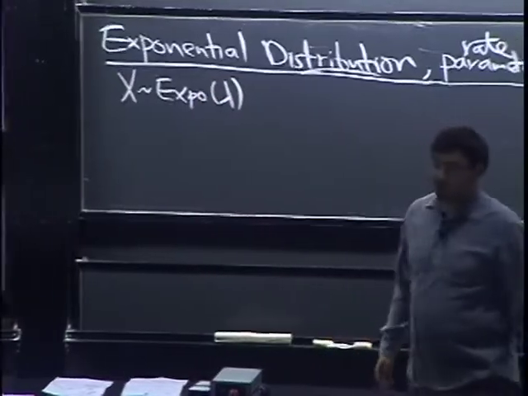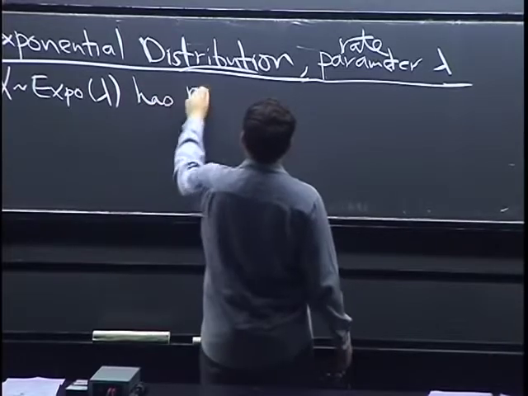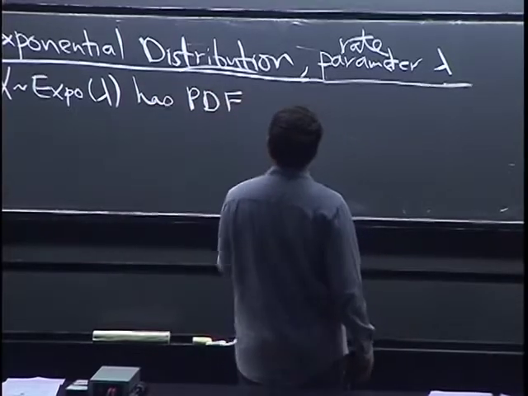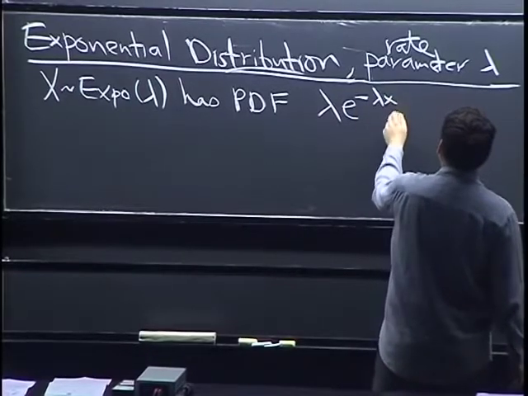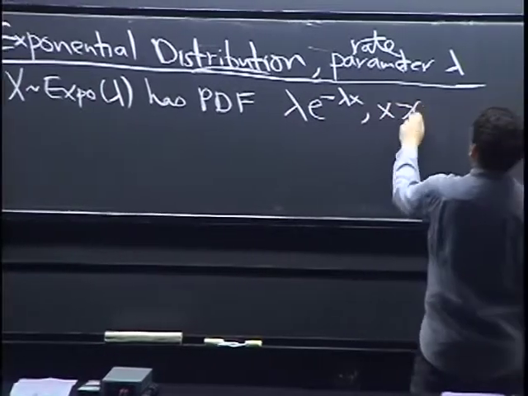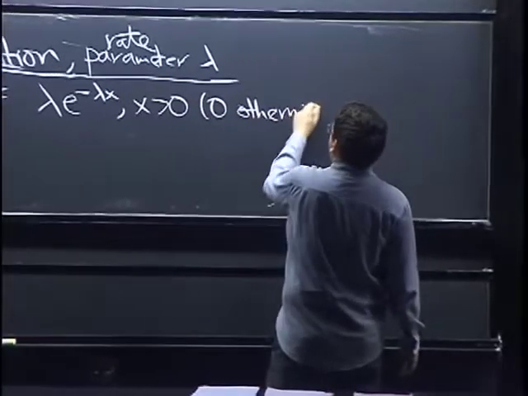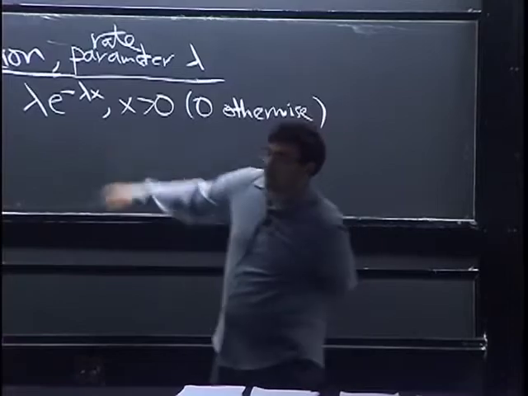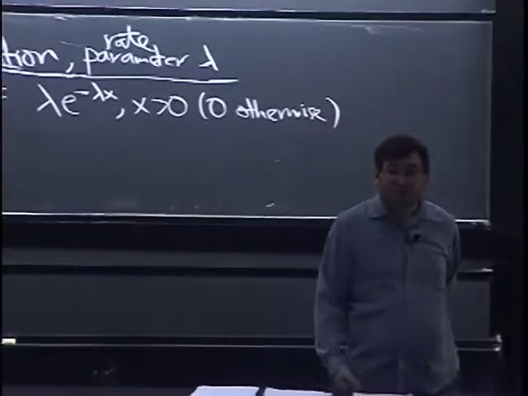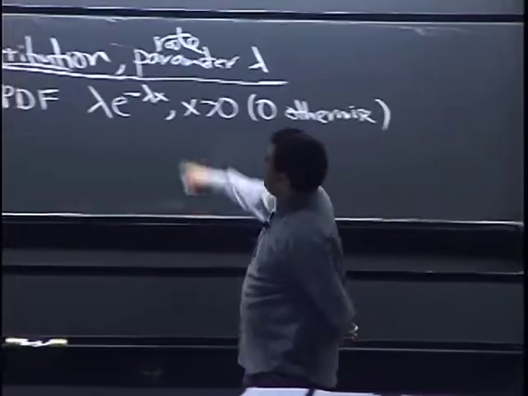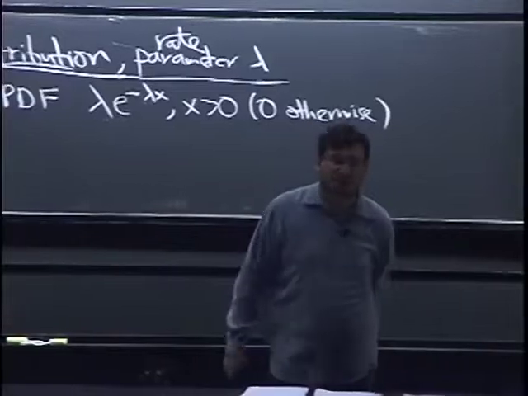That's our notation, and it has a PDF that's given by lambda e to the minus lambda x for x positive and 0 otherwise. So it's always positive. It's a continuous positive random variable.